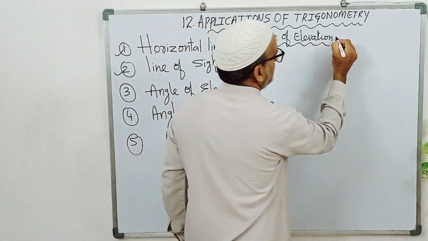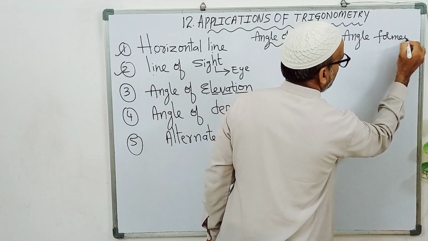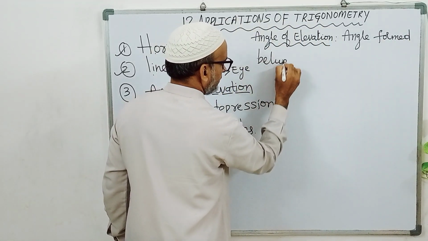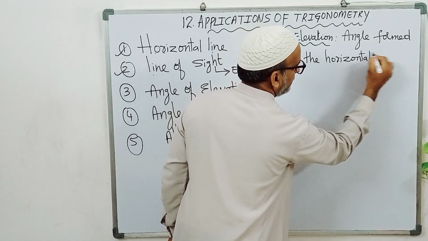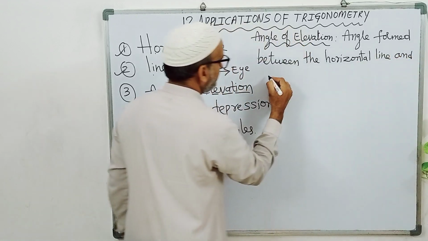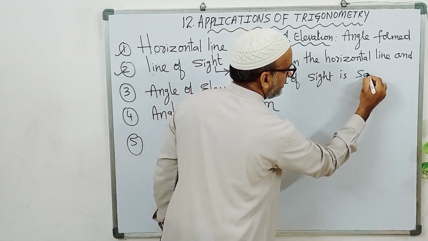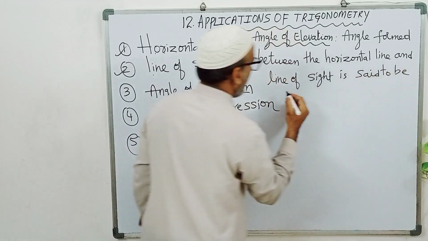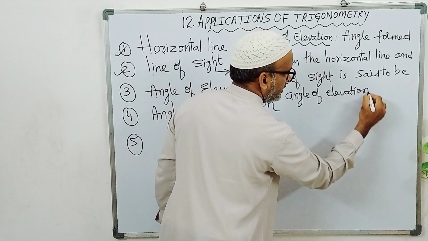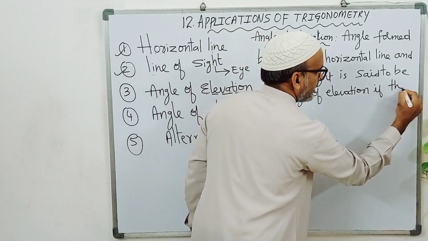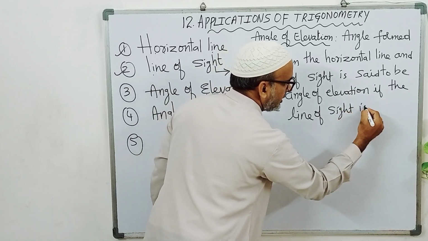Now see the definition. The angle formed between the horizontal line and line of sight is said to be the angle of elevation if the line of sight is above the horizontal line.